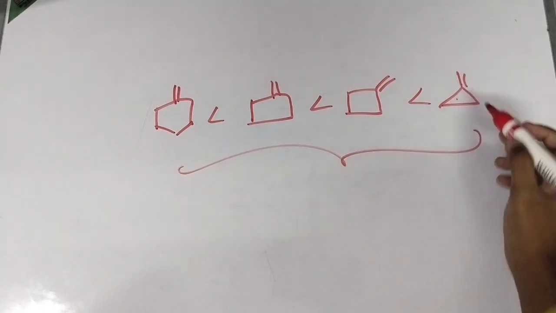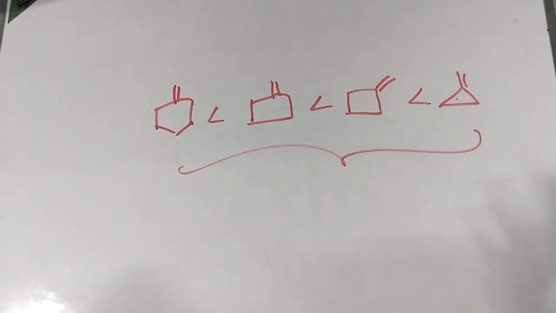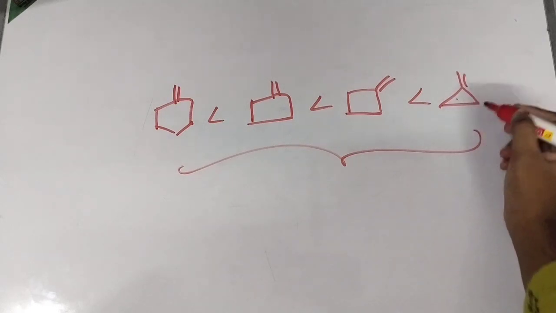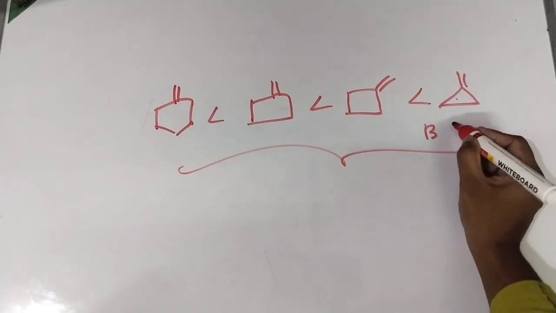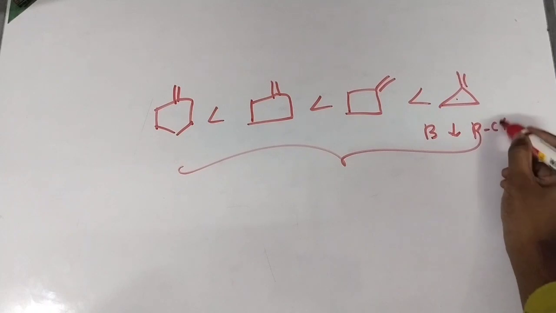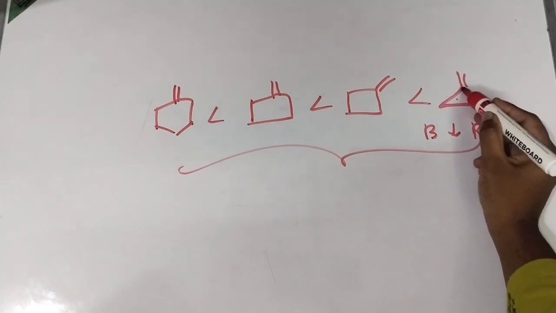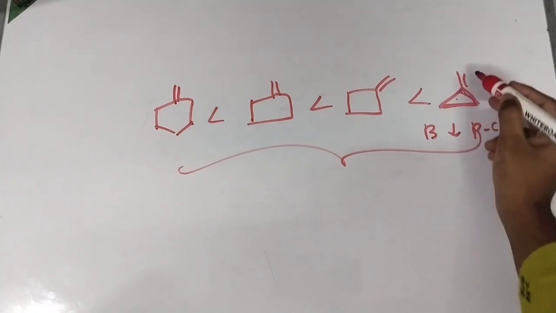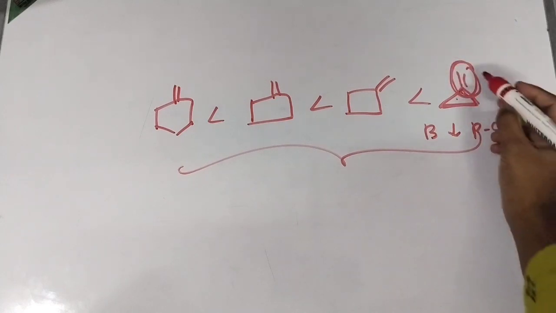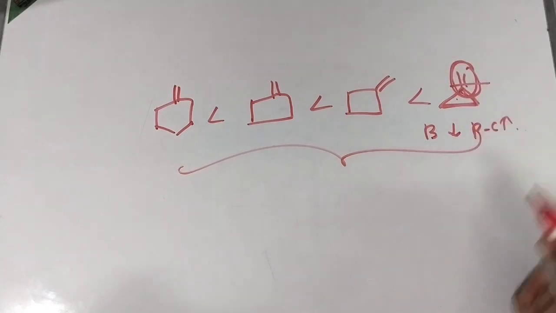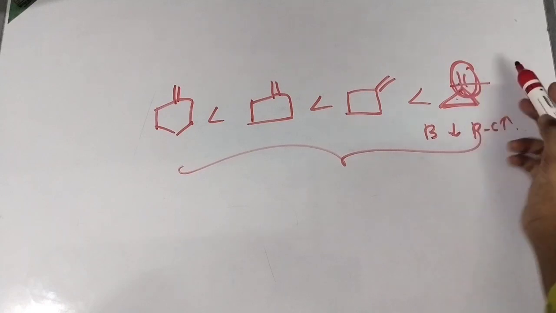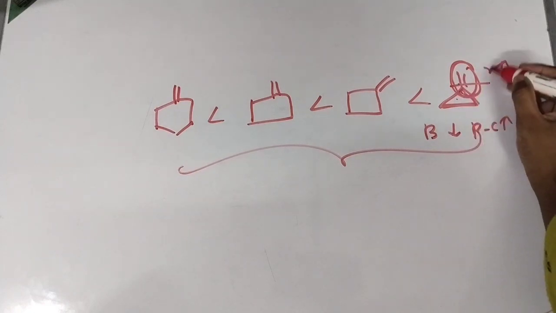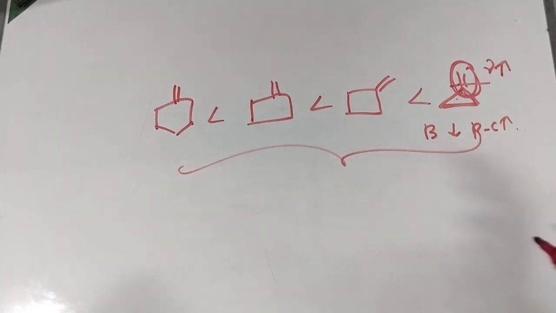It will have greater strain, the bond angle is less. If the bond angle is less, it means P character is high and S character is high in this case, and if S character is high, then stretching frequency will be high. This is the concept.